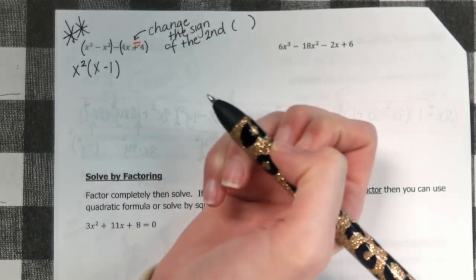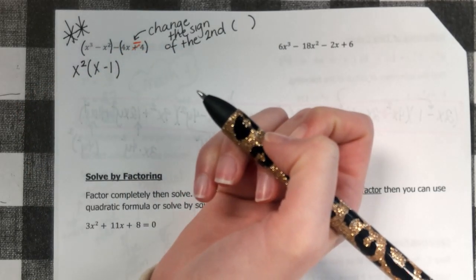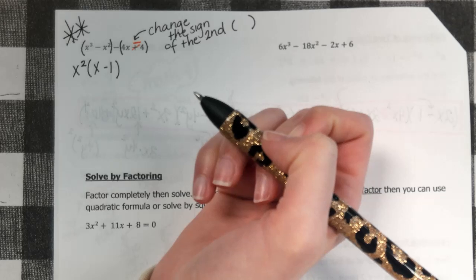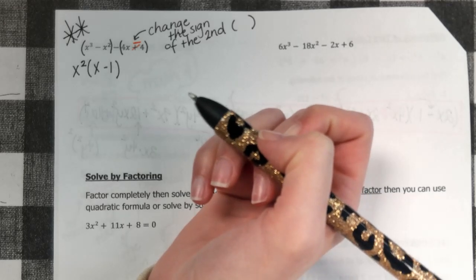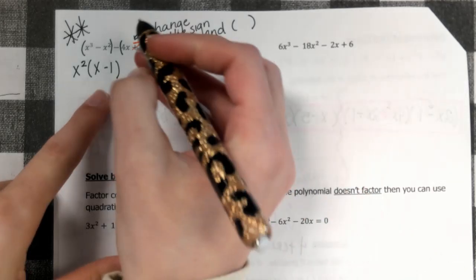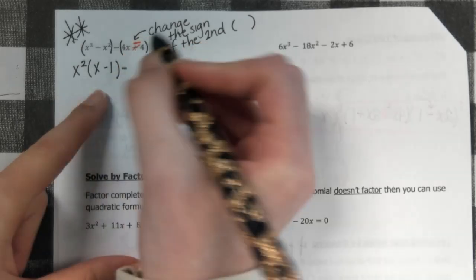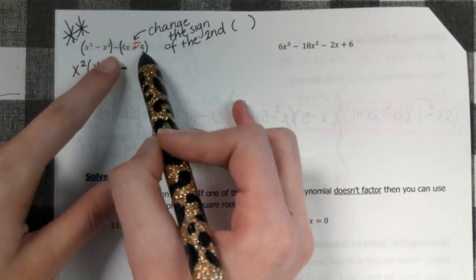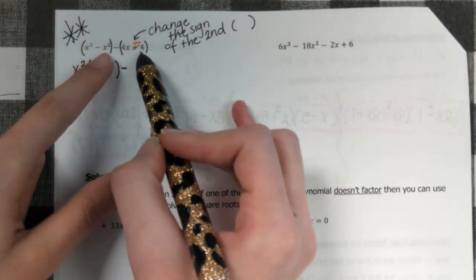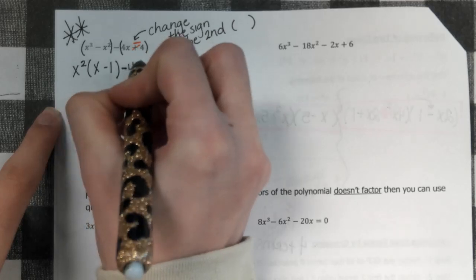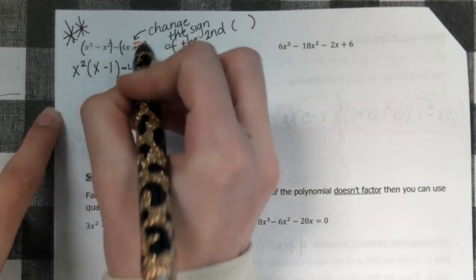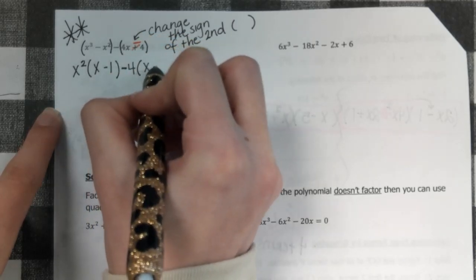X minus 1. X squared divided by x squared cancels to 1, not 0. It does not disappear. Then I've got my negative. Between 4x and 4, what can I take out? A 4. Now I've already accounted for my change sign, so that's going to leave me with x minus 1.